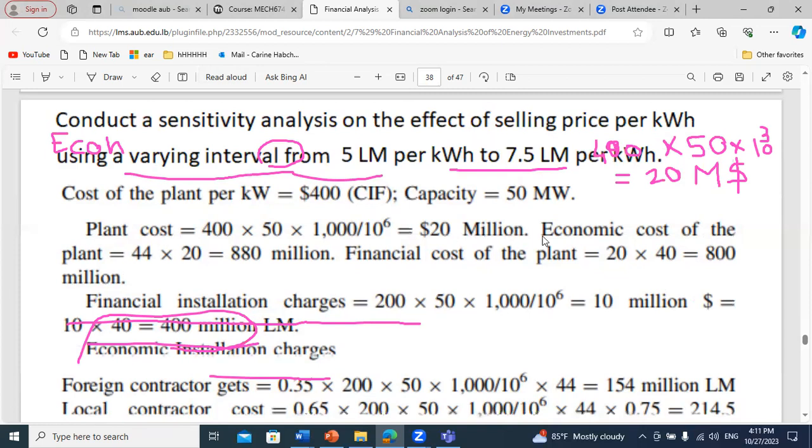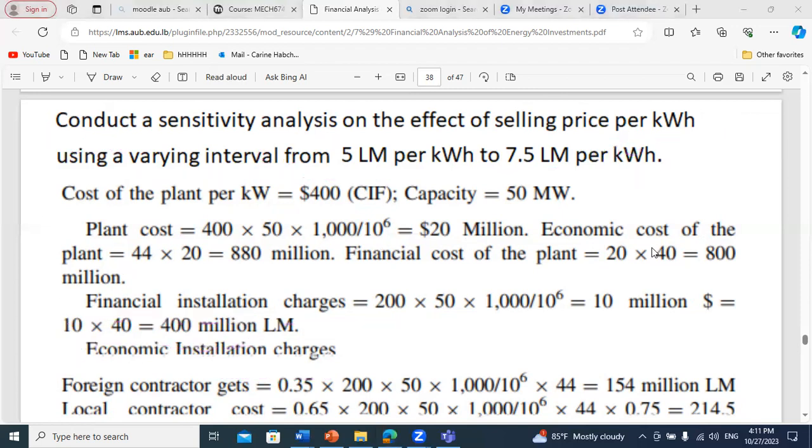And when we want to find the economic cost, we just multiply by the shadow rate, which is 44, while for the financial cost, multiply by the official rate, which is 40. So when it comes to comparison, the cost on the economic level is larger than the cost on the financial level.